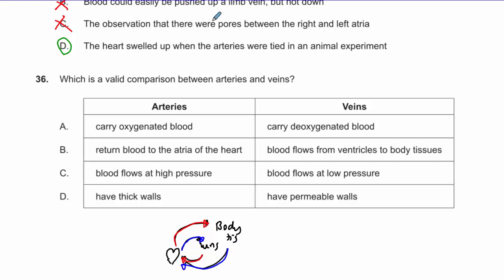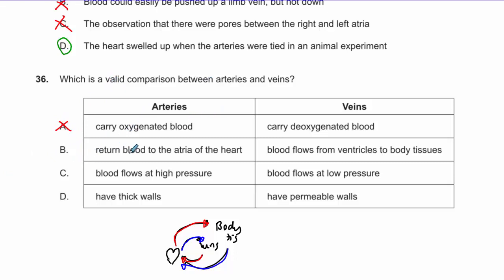So A is wrong, because even though some arteries carry oxygenated blood, not all of them do. Same problem with veins. Some veins, those from the lung, do carry oxygenated blood. So A is not a valid comparison.